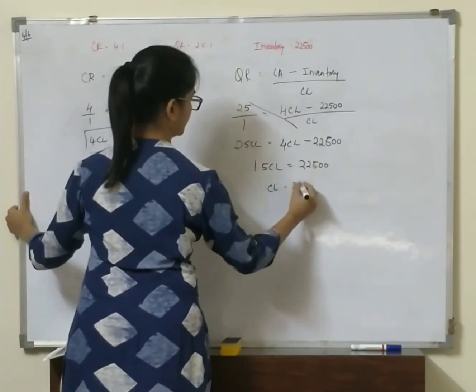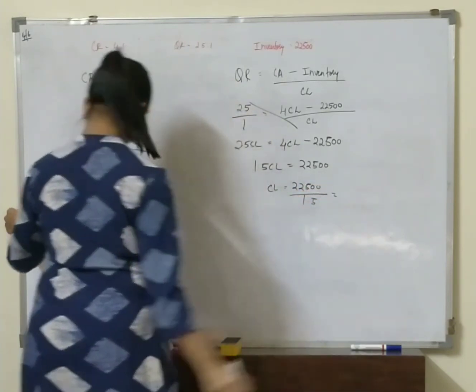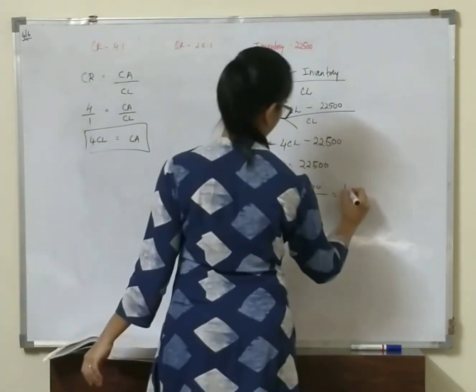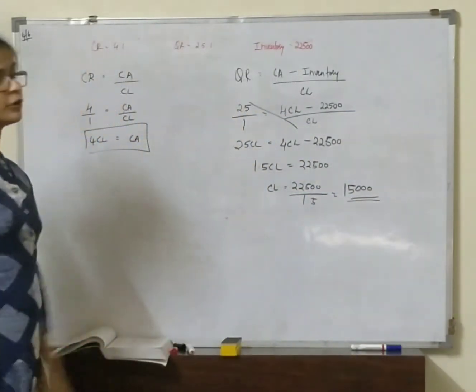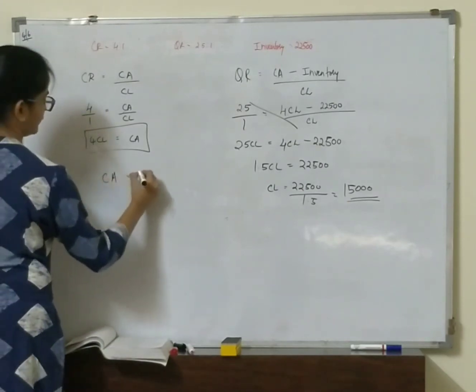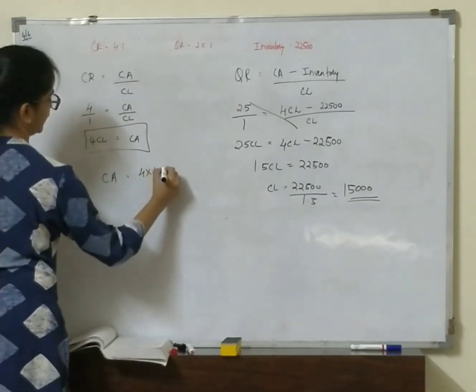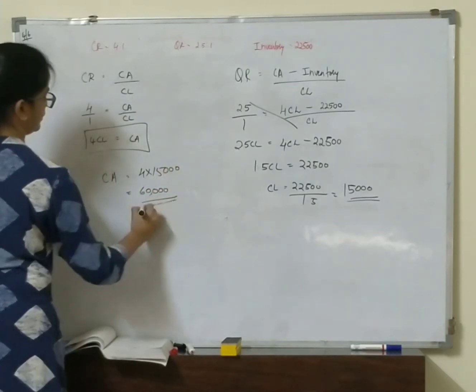Current liability is equal to 22,500 divided by 1.5, which is 15,000. We got the amount for current liability, that is 15,000. So how can we find out current asset? 4 into current liability, that is 15,000, which is 60,000.